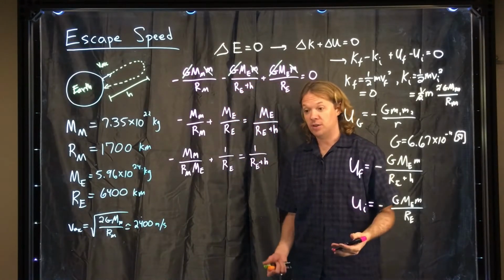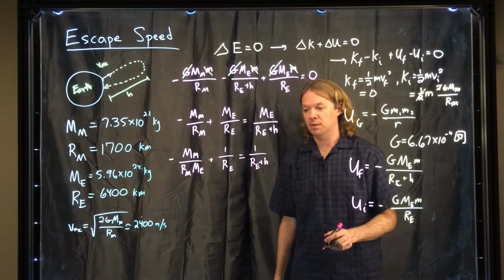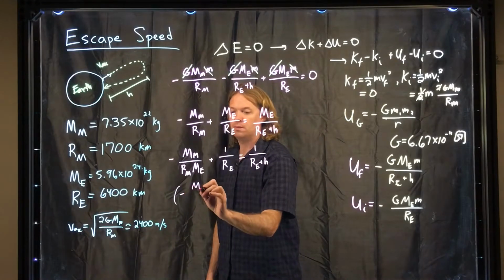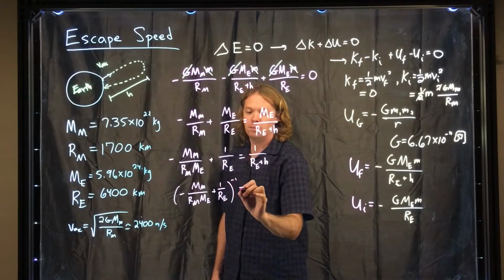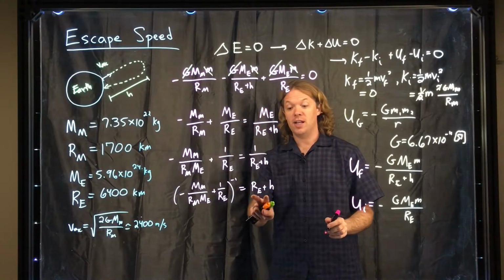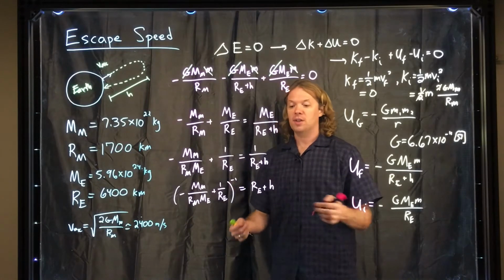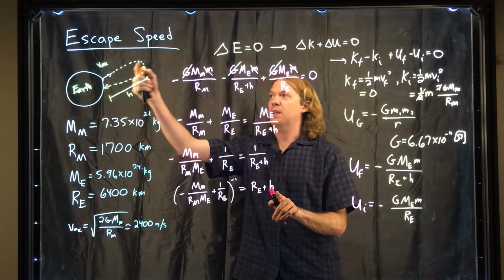And now I'm going to invert this equation. So take this, put it on top, and take this whole thing raised to the -1. And then to get my final answer, I just have to move the radius of the Earth over. If you'll notice, basically this is the total distance from the center of mass of the Earth out to the height.